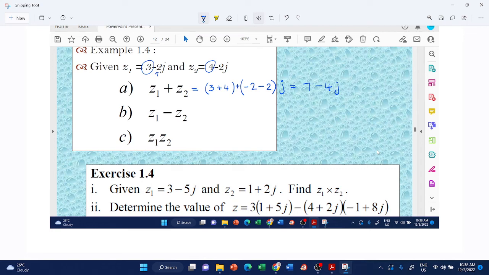Okay, so sini number B, here B minus subtract. So we have 3 minus 4, put in bracket.